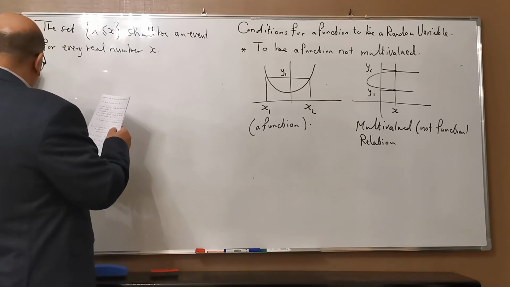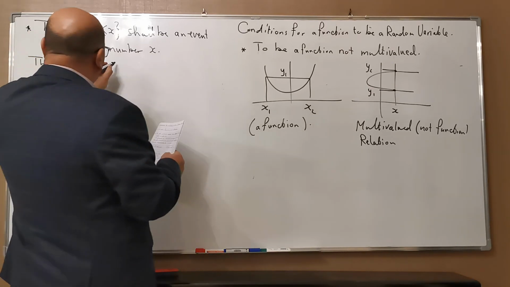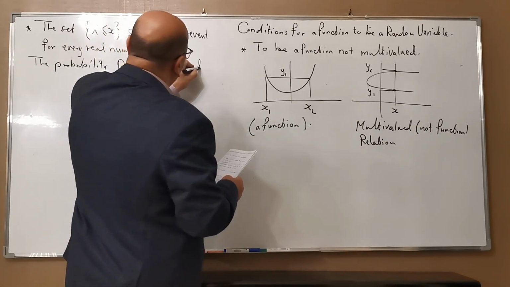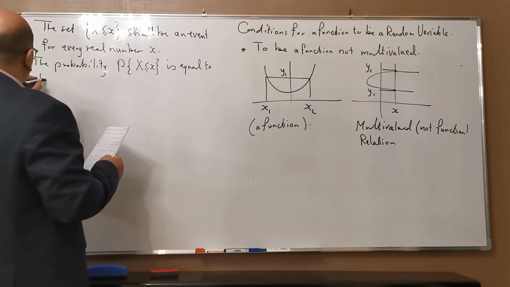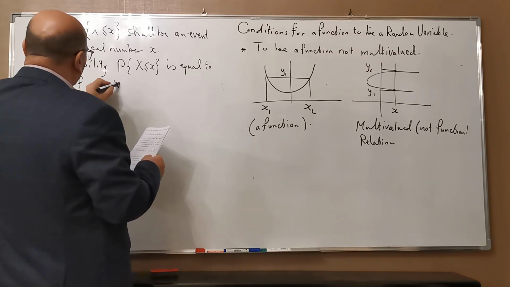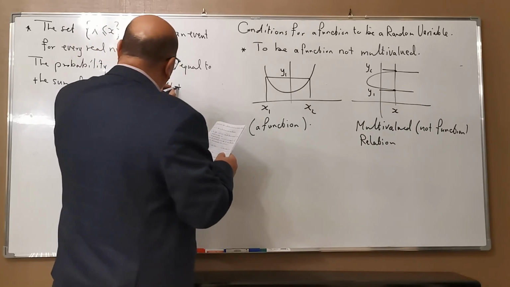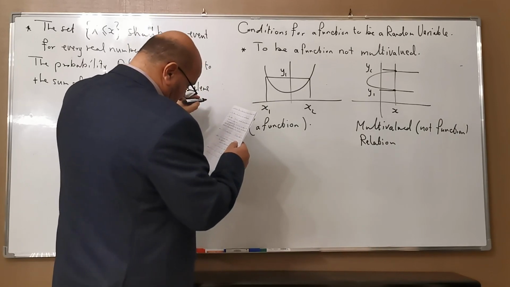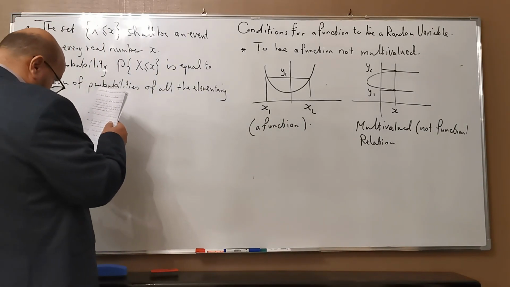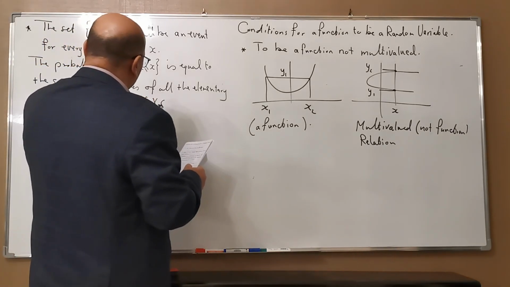The probability P of x less than or equal to x is equal to the sum of probabilities of all the elementary events corresponding to x less than or equal to small x.